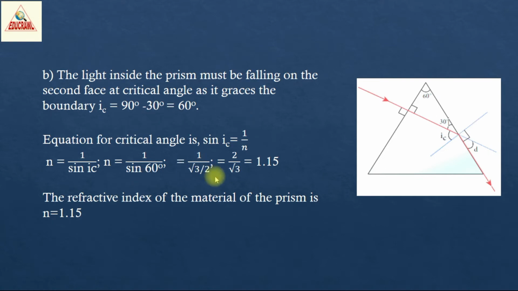So 1 divided by root 3 by 2, the 2 goes to the numerator, it becomes 2 by root 3. Root 3 is 1.732. So 2 divided by 1.732 is 1.15. The refractive index of the material of the prism is 1.15.